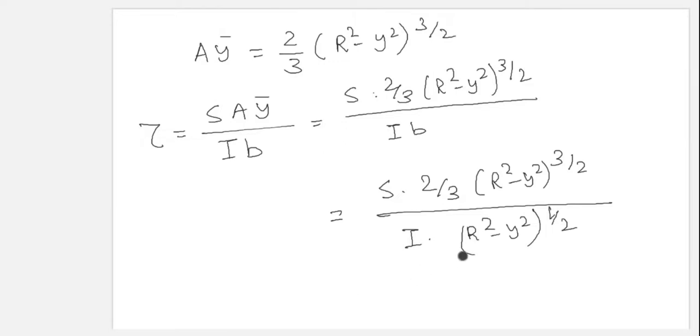So these 2 get cancelled, and only r square minus y square will remain. So basically it is S by 3I into r square minus y square.